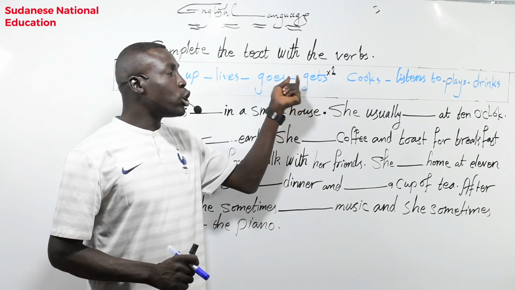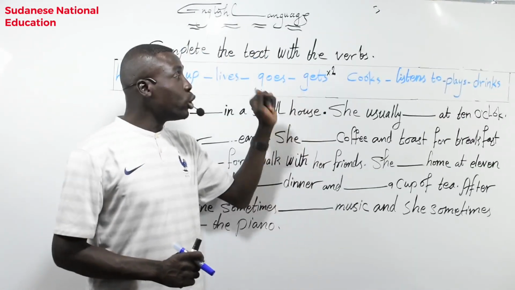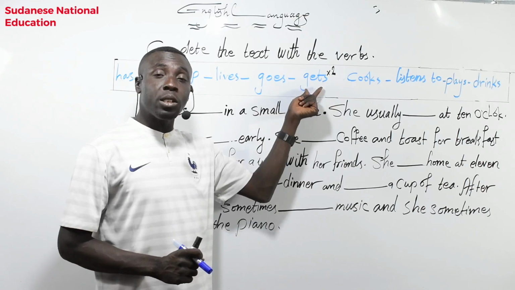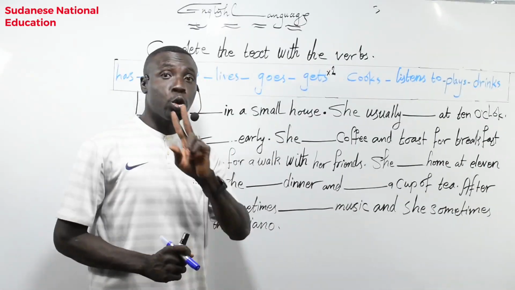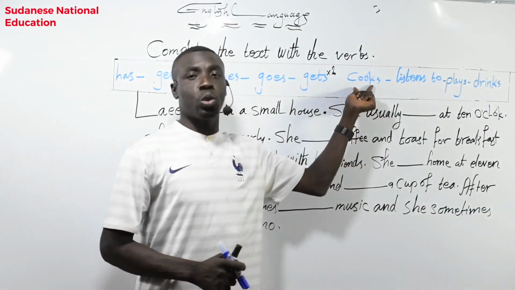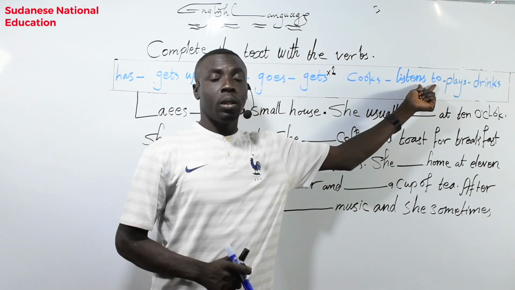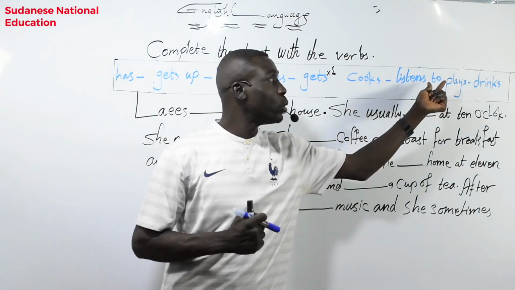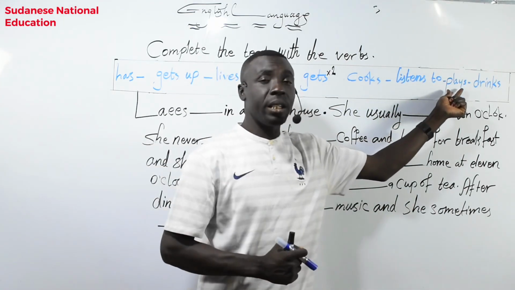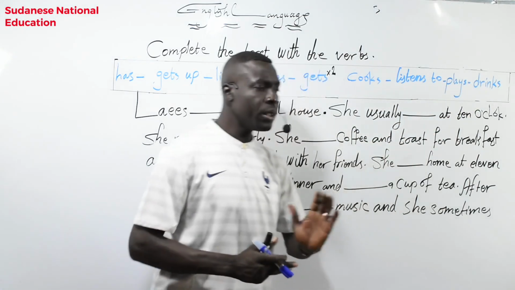Gets is used twice, so you need to use the verb gets two times to complete it. Cooks, listens to, plays, drinks. Let us see the text.